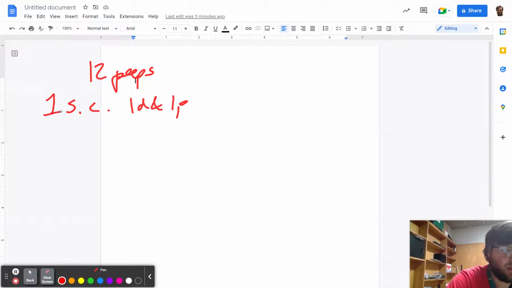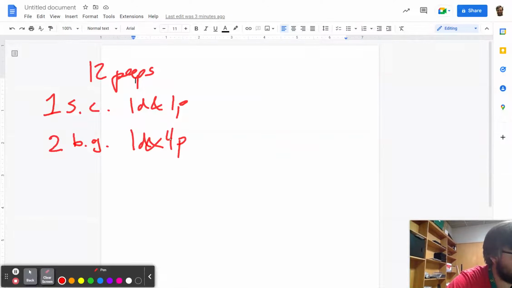So they have one small car, two big cars, each taking one driver and four passengers. If there are five drivers in the group, how many different ways can they travel?